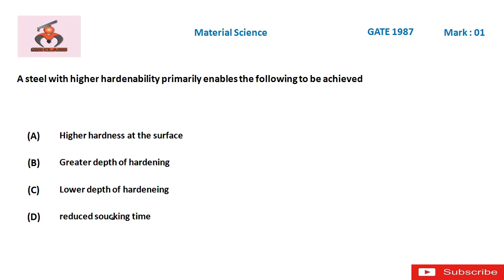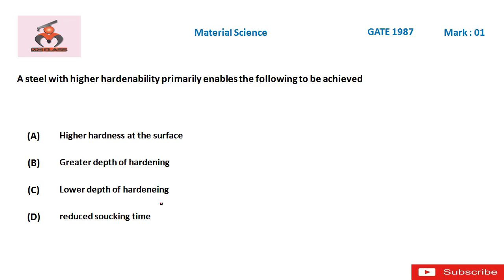Next, steel with higher hardenability primarily enables the following to be achieved. Four options are given: higher hardness at surface, greater depth of hardening, lower depth of hardening, reduced soaking time.